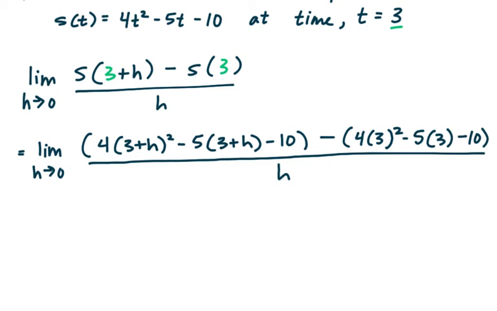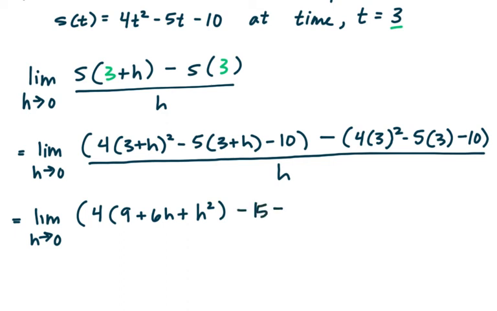And so what we're going to recognize here is we have to FOIL, we have to distribute. This is just going to give us a constant. And as I said before, this constant should completely evaporate if I multiply this out correctly. So if that's not going away, you probably made a mistake. So let's look at this. In the limit as h approaches 0, I have 4 times 3 squared is 9 plus 6h plus h squared, I FOILed that, minus 15 minus 5h minus 10.